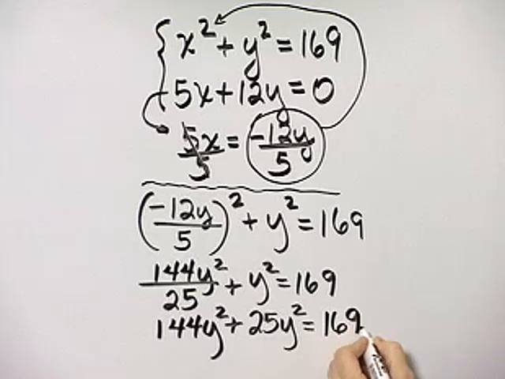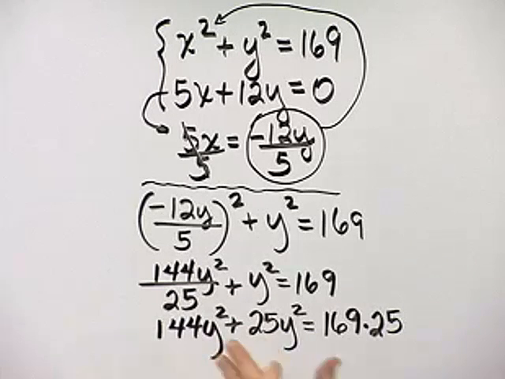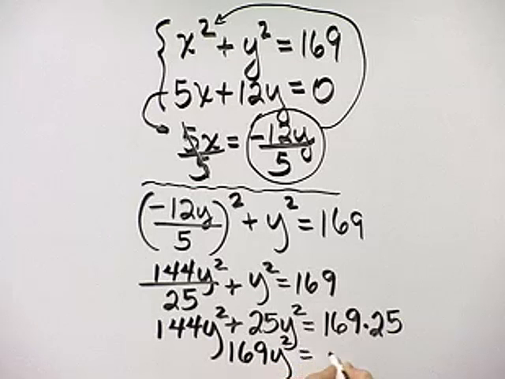I don't think I'm going to multiply it out. I'm just going to write it as 169 times 25. Now notice we do have an equation in y only. 144y squared plus 25y squared is 169y squared, and that is whatever 169 times 25 is.